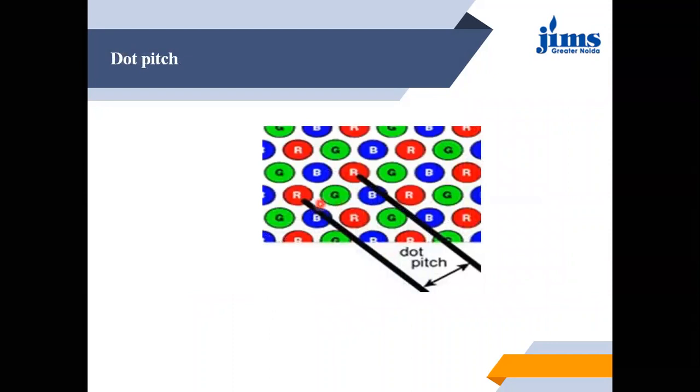When we consider these two nearby red pixels, the distance between them is the dot pitch. The dot pitch of each and every pixel will be equal. If we consider the dot pitch between these two, it will also be equal.